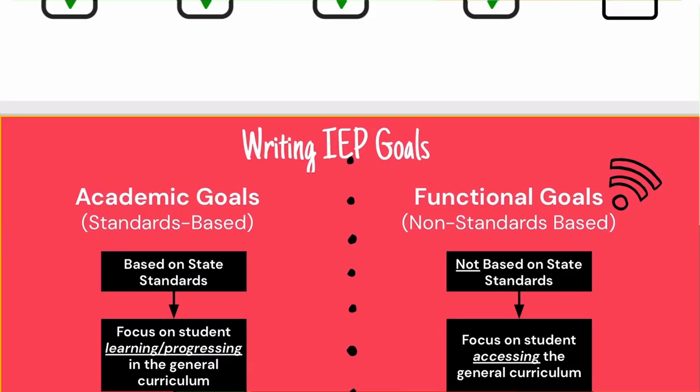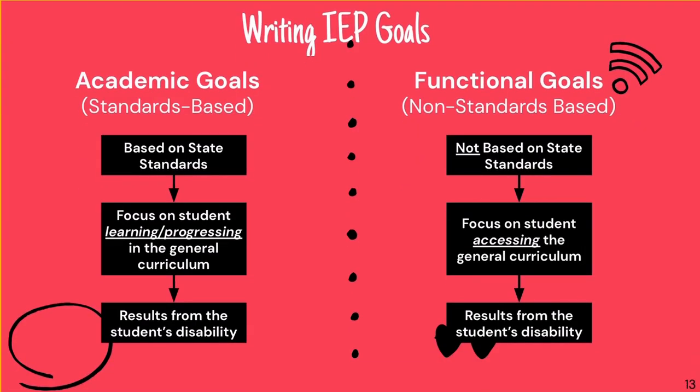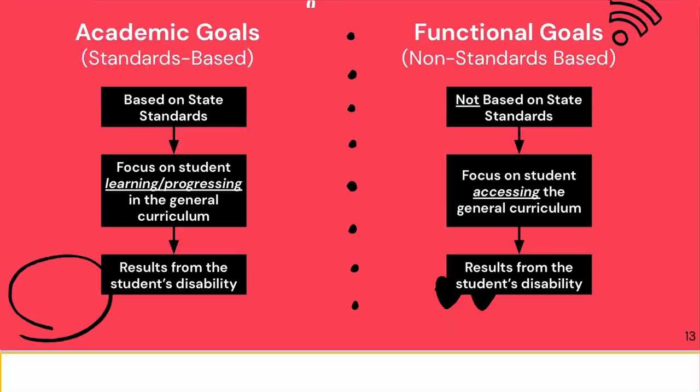So we're going to talk about how this applies to not just academic goals, but also functional goals. If you're in the high school setting, we'll also dabble on some of those transition goals. But collecting data in each of these settings kind of looks a little bit different with how frequently and how we collect it in and of itself.